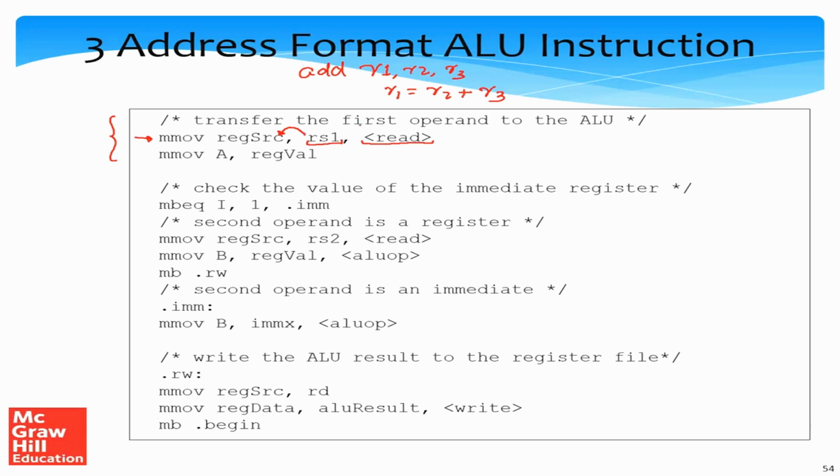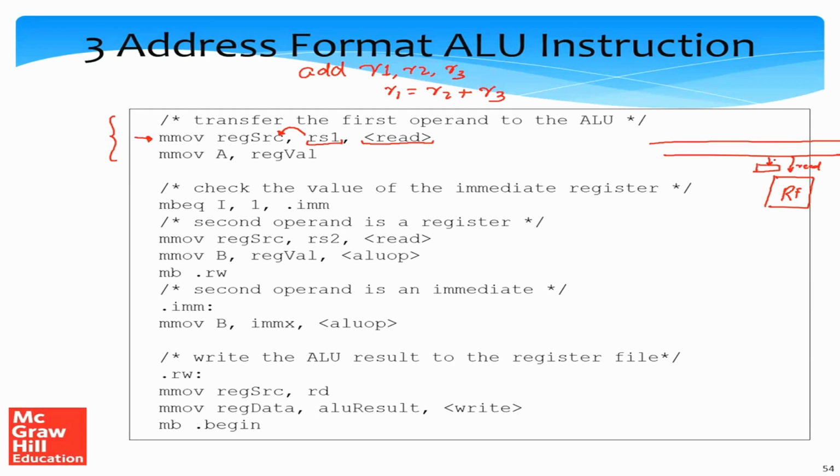Simultaneously, the read operation will be initiated in the register file, and the register file will take the values from the reg source field. So think of it this way: on the shared bus, the register file is connected. Two things are coming together. One is that a read operation is coming from the bus. Also, the contents of RS1 will actually be the register R2.